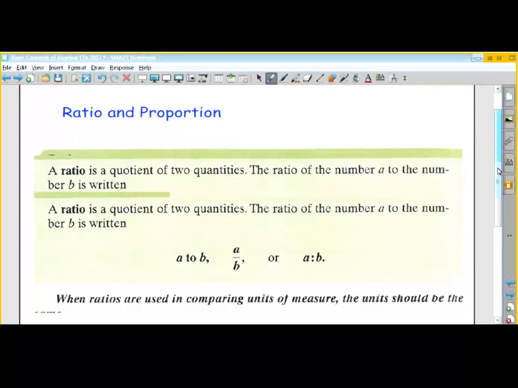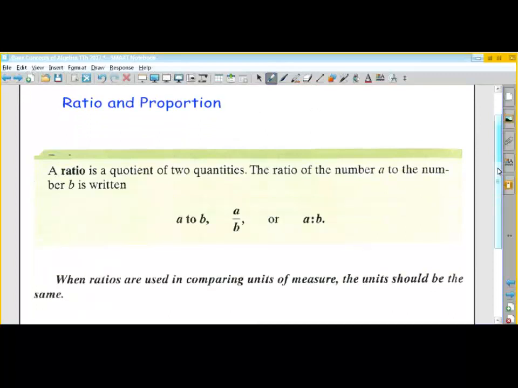In terms of words, when they talk about a ratio, ultimately it ends up being a quotient, but you can represent it linguistically by saying quantity A to quantity B. For example, 5 to 1, 5 cups of flour to 1 cup of water.